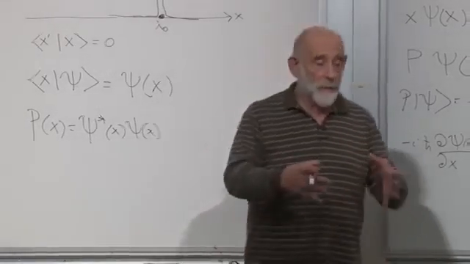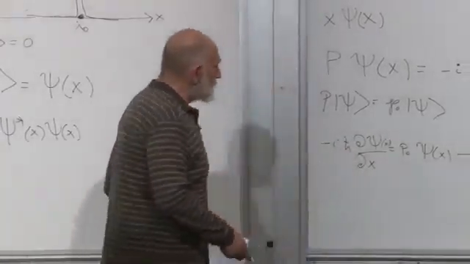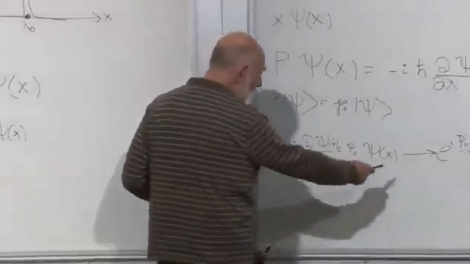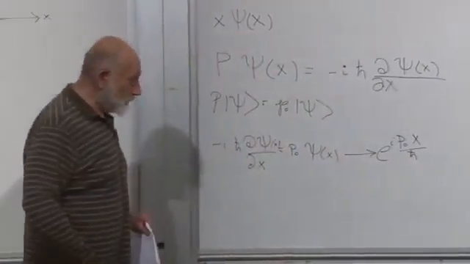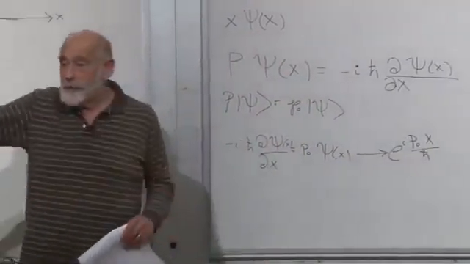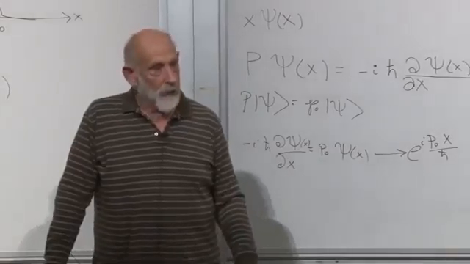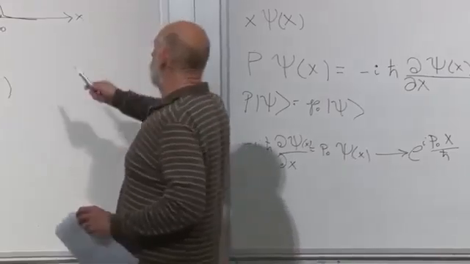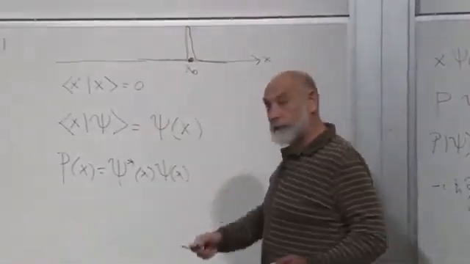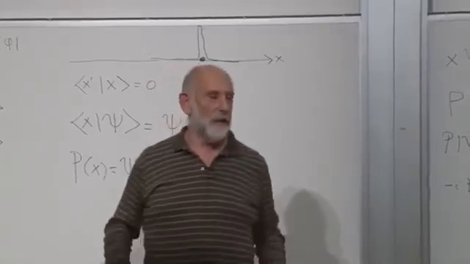E to the i something times e to the minus i something is just plain 1. So this wave function, the one which represents a particle with a definite momentum, its probability distribution is smeared out over the entire line. By complete contrast, the eigenvector of a particle located at a definite position is highly concentrated, infinitely narrow.